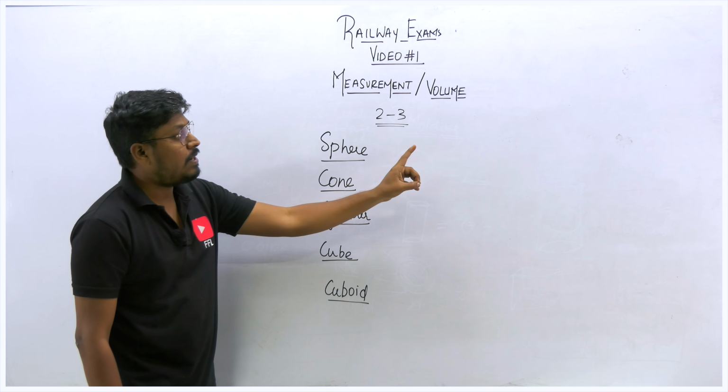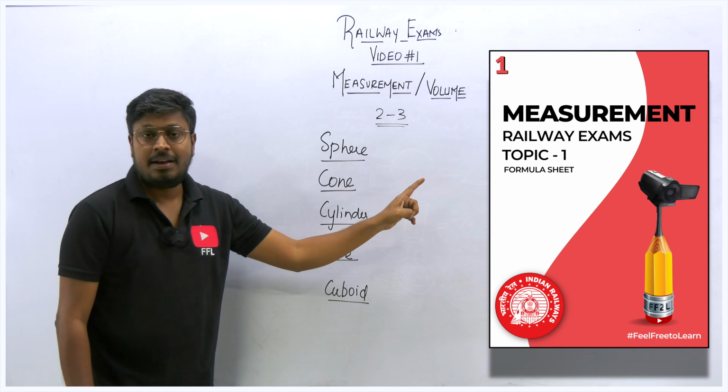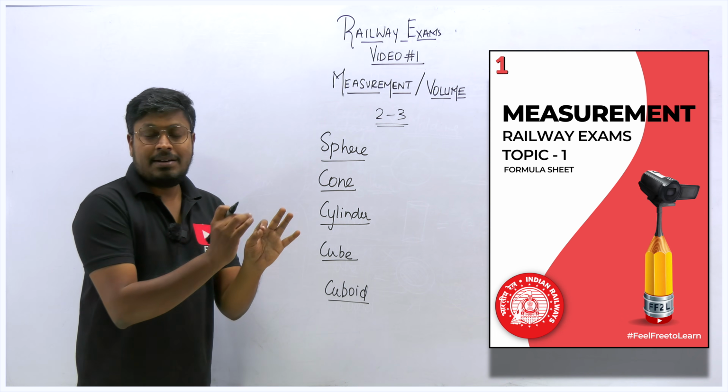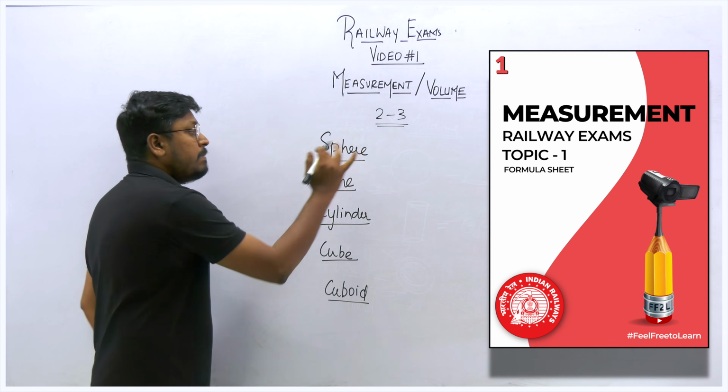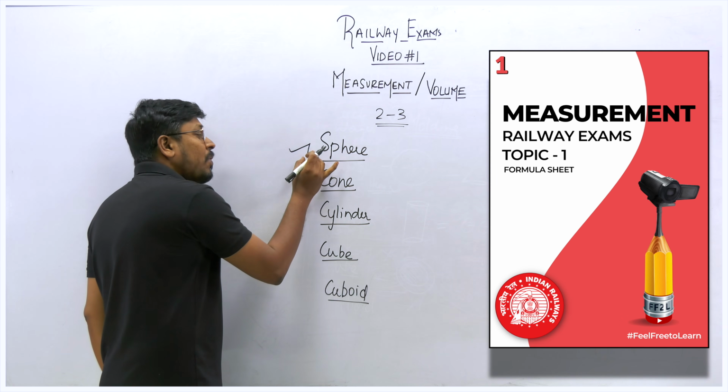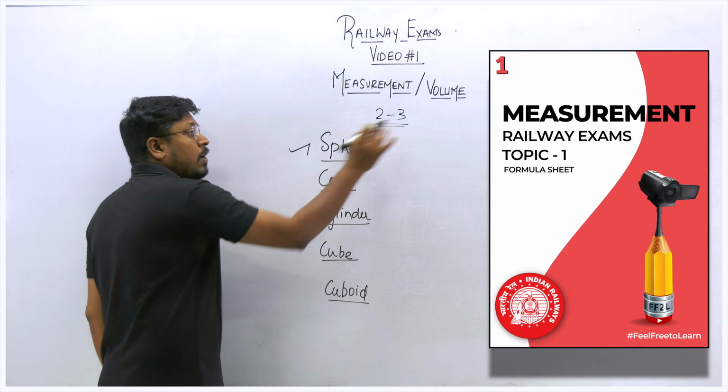I'm going to share a PDF file in my WhatsApp channel, called the formula sheet. In the formula sheet, on the first page you can see sphere, and inside it I have given only the formulas you need to learn.